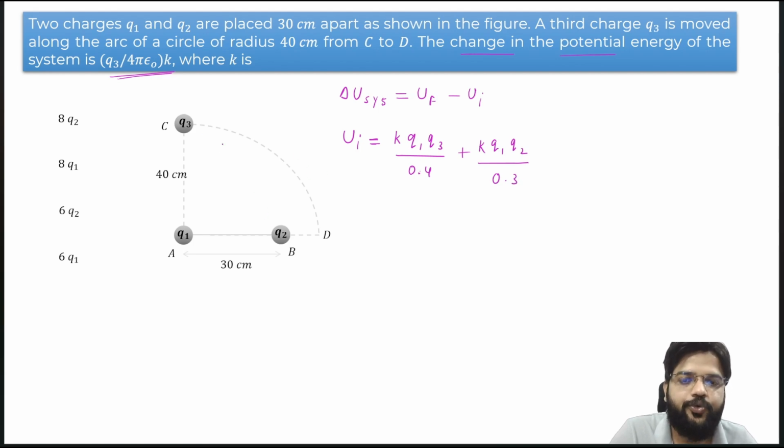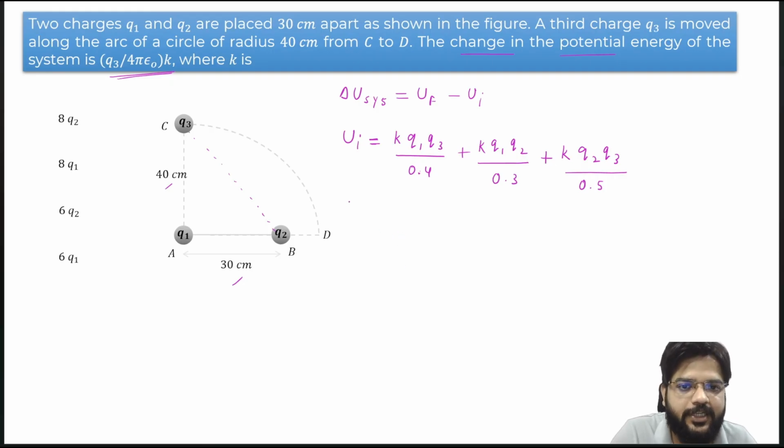Then between Q2 and Q3, it is K Q2 Q3 divided by 0.5, correct? If this is 30 centimeter and this is 40 centimeters, then it should be 50 centimeter, and converting into meter, it is 0.5. So this is the initial potential energy of the system.